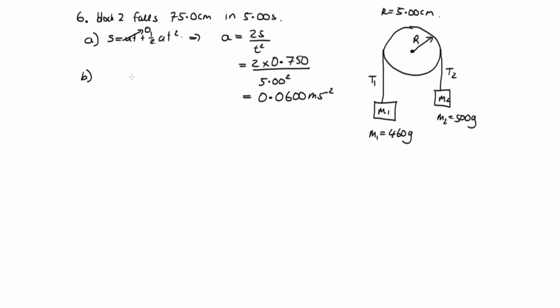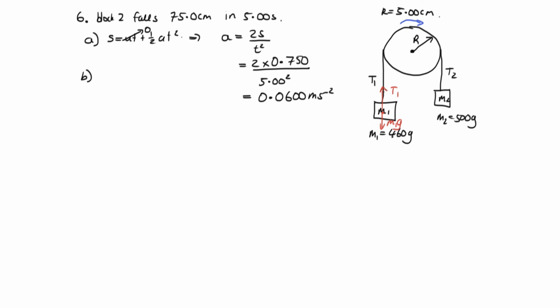Part B then asks us what is the tension in this first string, T1. Okay, so to do that, let's consider the forces acting on M1. So we've got M1g pulling it down, the weight force, and then we've got this T1 force pulling it up. Now, because the second mass is heavier, this is going to move in a direction like this.